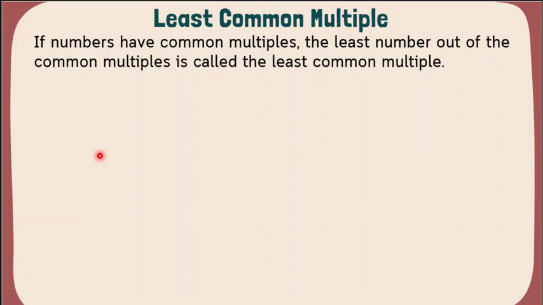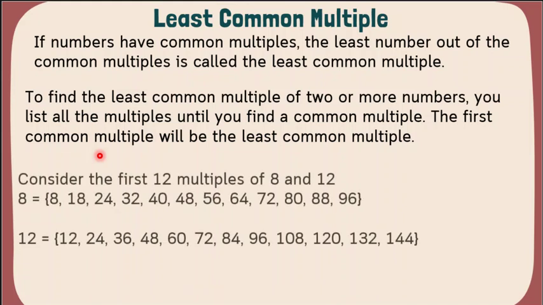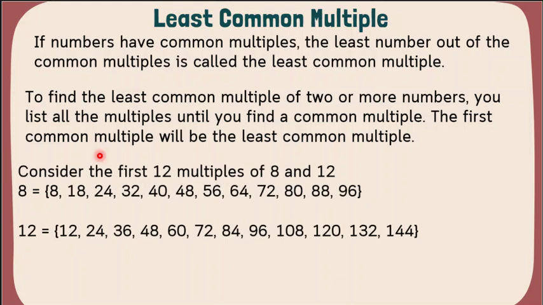So it is important you know how to find the least common multiple, and it is usually found by writing down the multiples and then finding the common multiples, and out of the common multiples, the smallest of it or the least of it is what we are usually interested in. So it becomes the least common multiple.